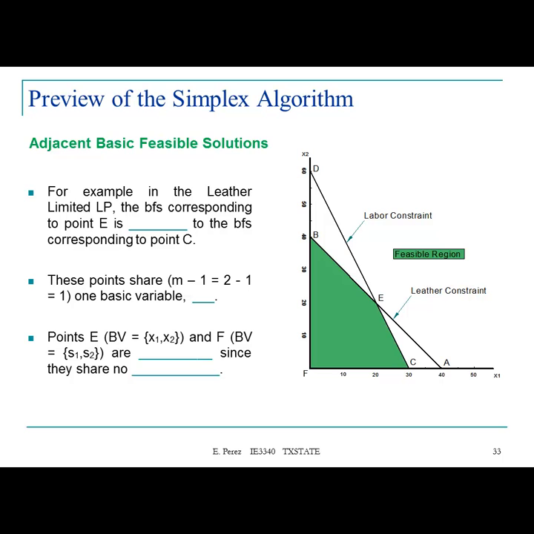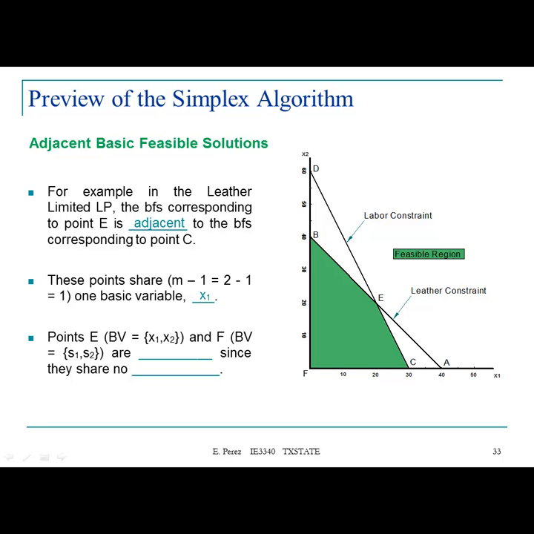So for example, in the Leather Limited LP, the basic feasible solution corresponding to point E is adjacent to the basic feasible solution corresponding to point Z. So these two points are the ones that we are talking about. These points share n-1 basic variables.